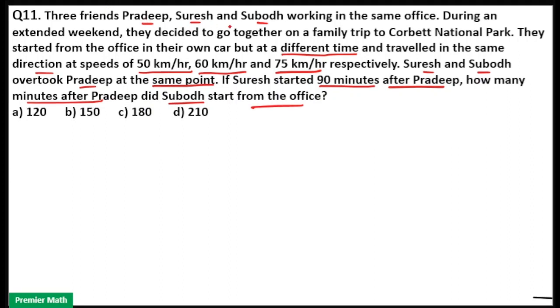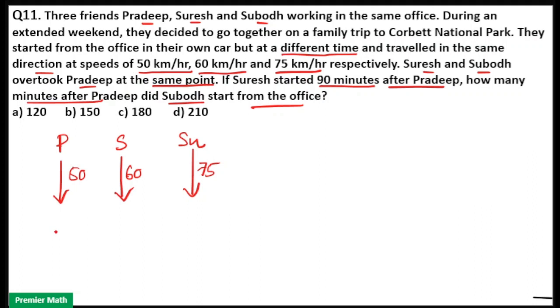Here, three friends Pradeep, Suresh and Subodh work in the same office. So, this is Pradeep, this is Suresh and this is Subodh. They traveled in their own car at a different time and in the same direction at speeds 50, 60 and 75. So, they are traveling in the same direction but at different times and at different speeds. Suresh and Subodh overtook Pradeep at the same point.